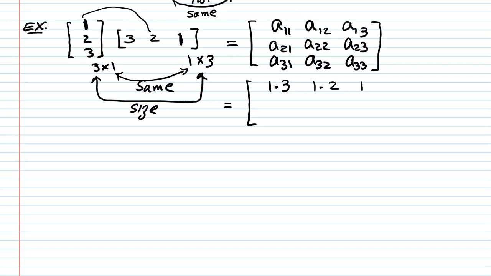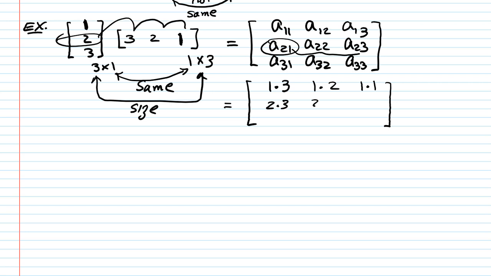A13, you do 1 times 1, first row again of the first matrix by the third column of the second. Let's look at A21. That would be the second row of the first matrix, and then each of these 1, 2, 3 will go 1, 2, 3 like that. So you have to do 2 times 3, 2 by 2, and 2 by 1. And that is how you multiply those.